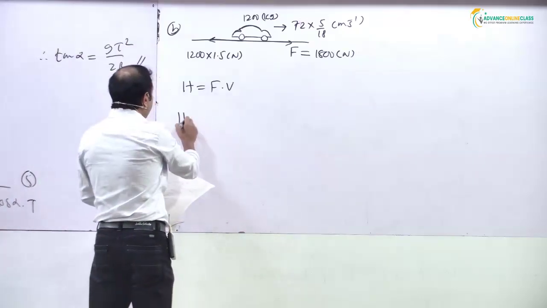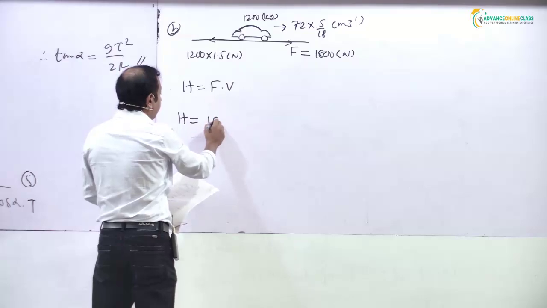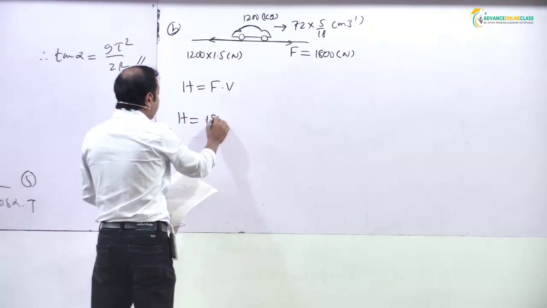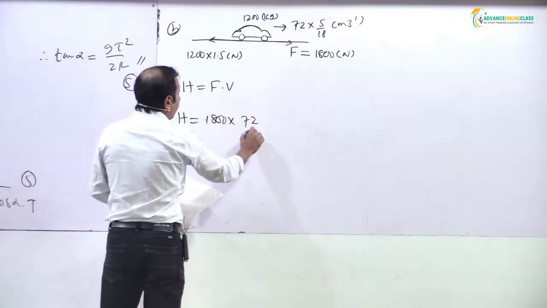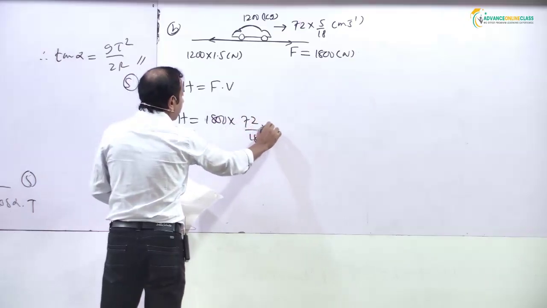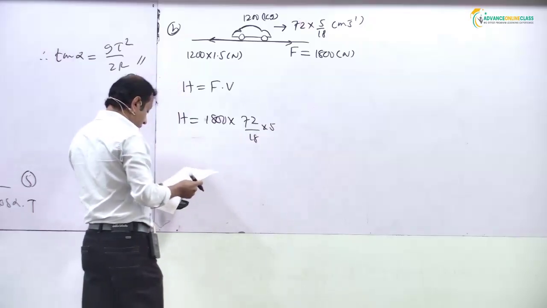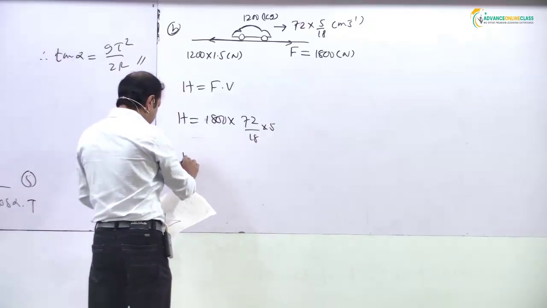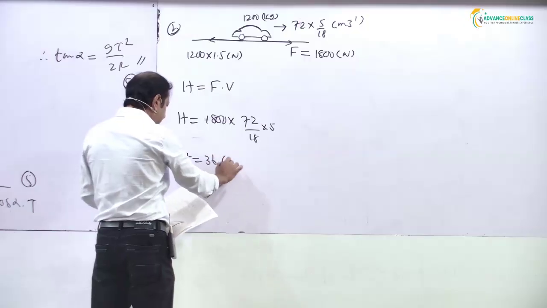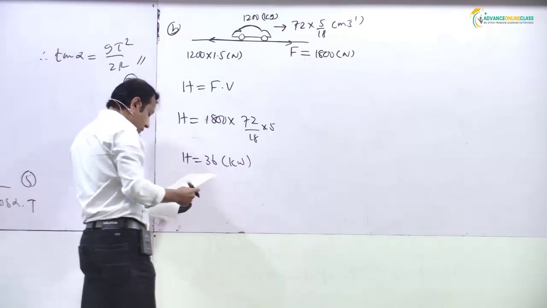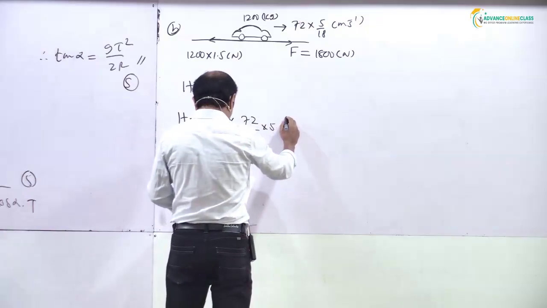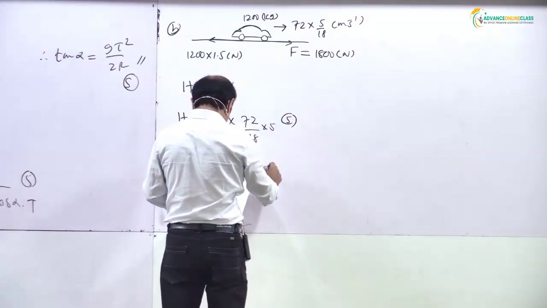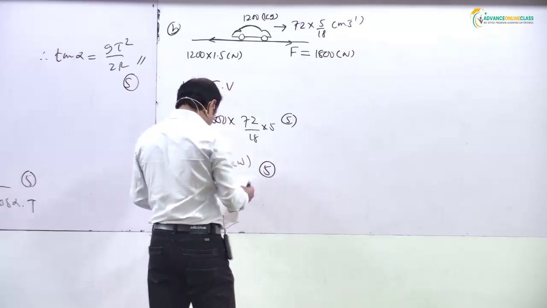Power. Power can then be found if we know 1800 multiplied by v. 72, 18, 5. This gives 36 kilowatt. This is 5 marks and other 5 marks here. Fine.